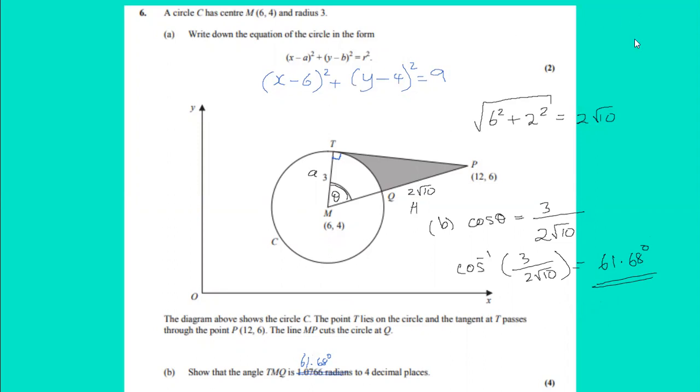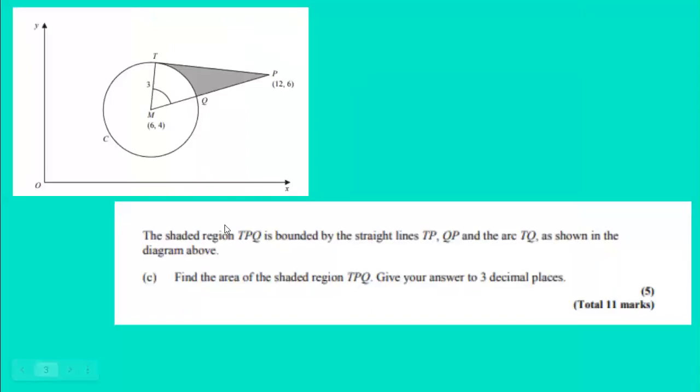All right, moving on. So the next part says the shaded region TPQ is bounded by a straight line T to P and Q to P and the arc T to Q, as shown in the diagram above. Find the area of the shaded region TPQ and give your answer to 3 decimal places.